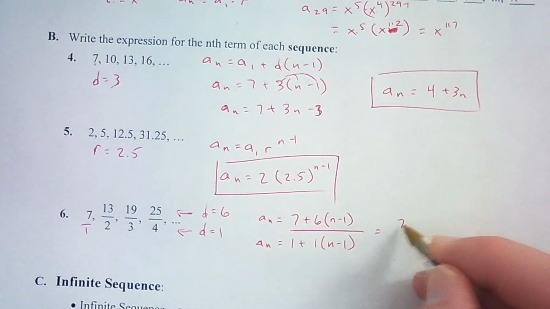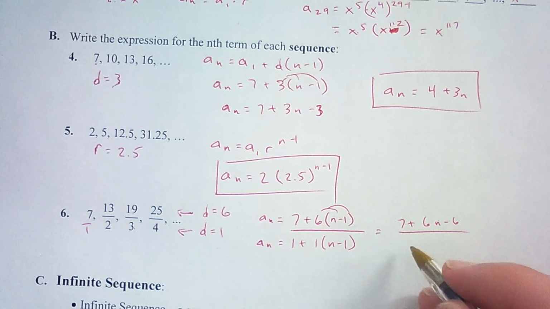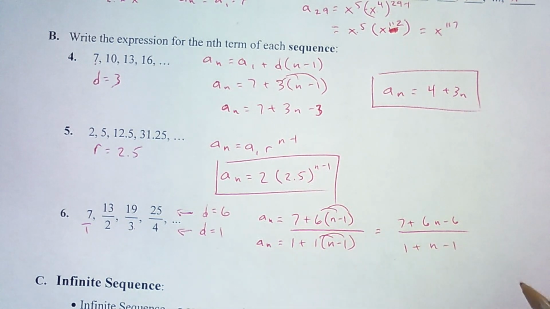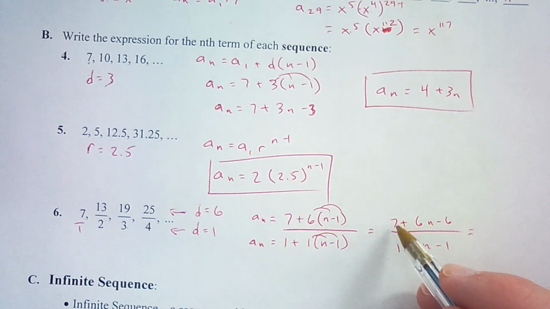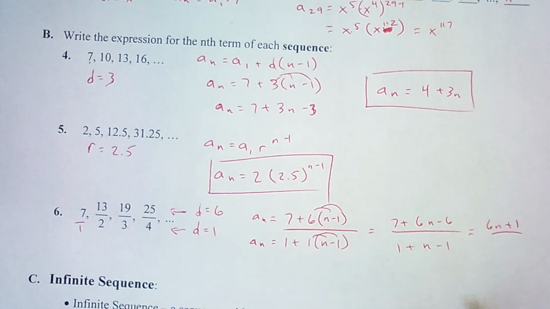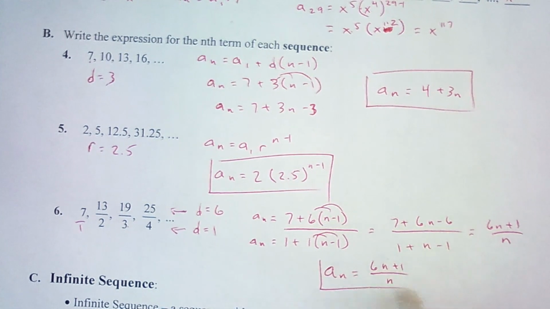So we have 7 plus 6n minus 6 over 1 plus n minus 1. Okay, so we've got 6n and then plus 1. Okay, 7 minus 6 is 1, so 6n plus 1. And then 1 minus 1 is 0, so the denominator is just n. Okay, so our sequence looks like this. Our expression for the sequence is a sub n equals 6n plus 1 over n.